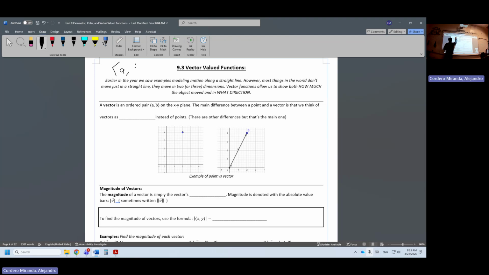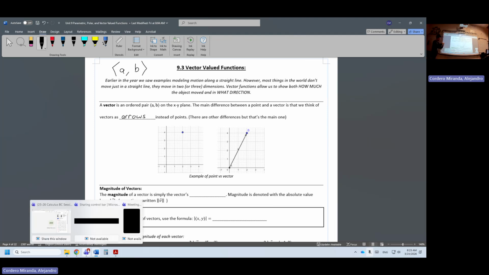They're like angled brackets. You see it right there, but just to make it very clear, there's them bigger. Actually, that's one of the many ways to draw vector brackets, but these are the ones that I've seen the most. And it says the main difference between a point and a vector is that we think of vectors as arrows instead of points.